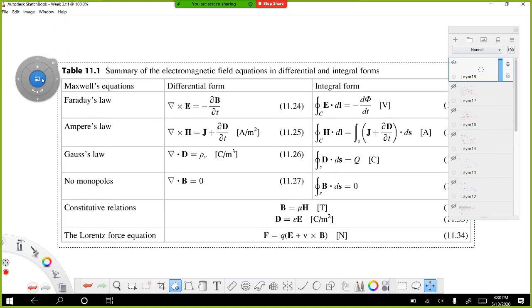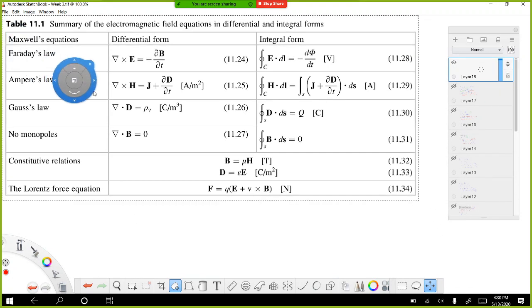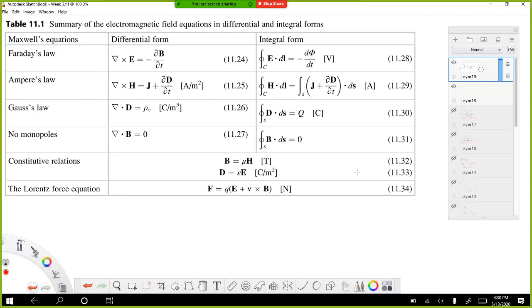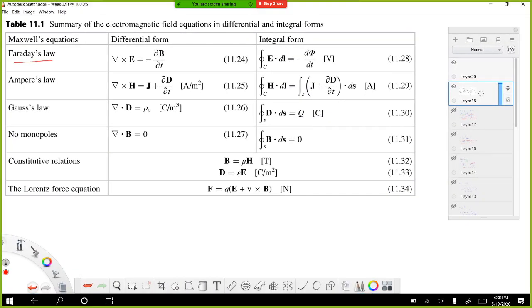So if we paste it here, the Maxwell equations: Faraday law, differential form, integral form.